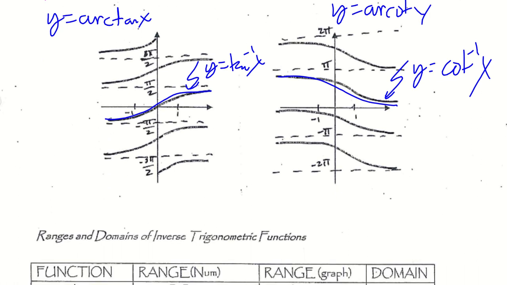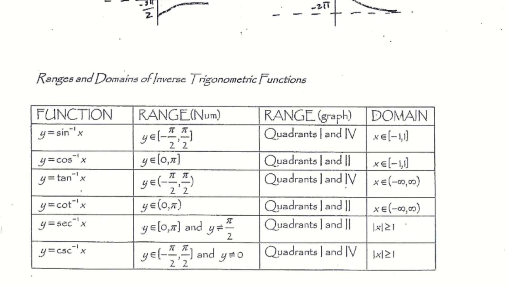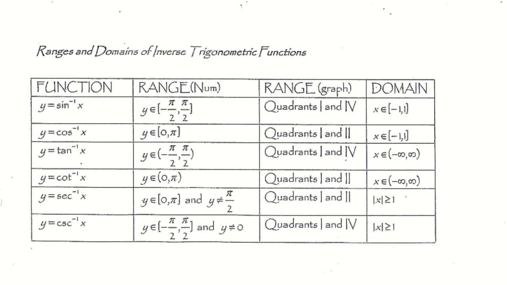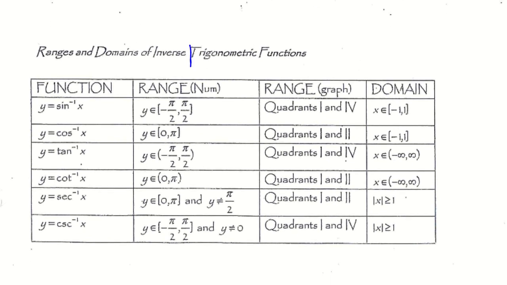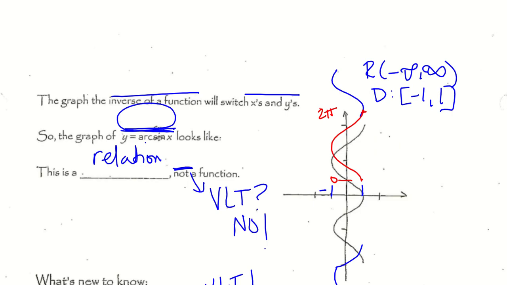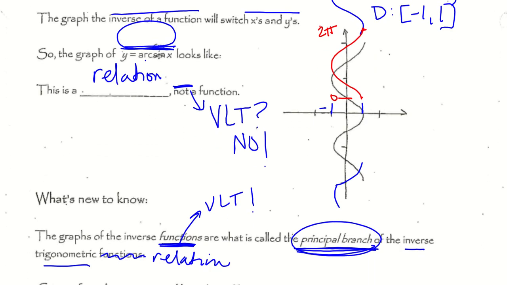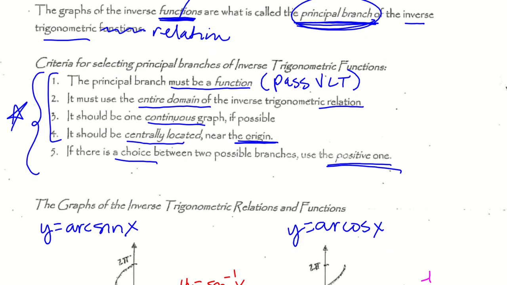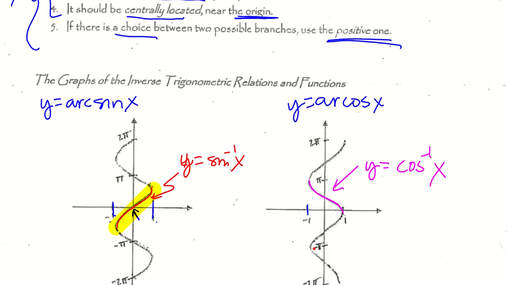Okay, now, for that, what we want to pick up on here is what the resulting range is for each of these trig functions. Okay, let's go back and look at these functions. So I'm going to come back to my inverse sine function.